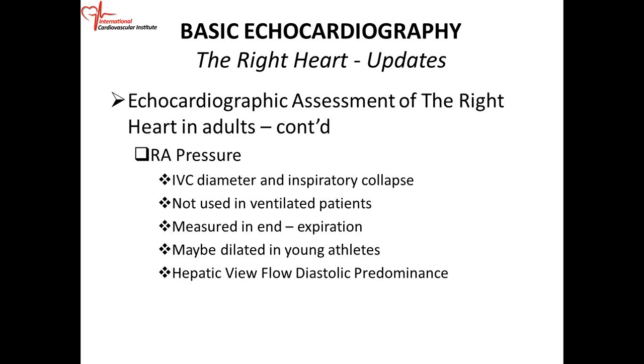3 if it's normal. Normal, the IVC is less than 2.1 centimeters, and you get more than 50% collapsibility with inspiration. Then if it's very abnormal, the diameter of the IVC, measured at end expiration, is 2.1 centimeters or more, and you get less than 50% collapsibility with inspiration.